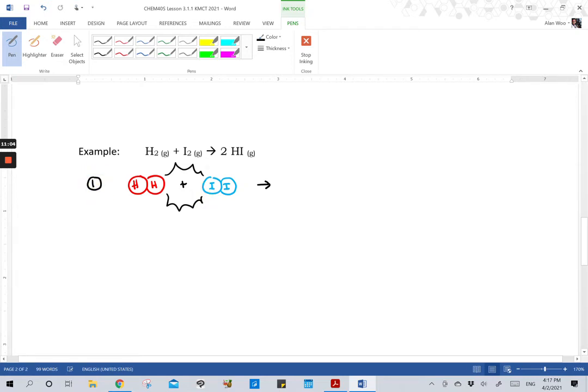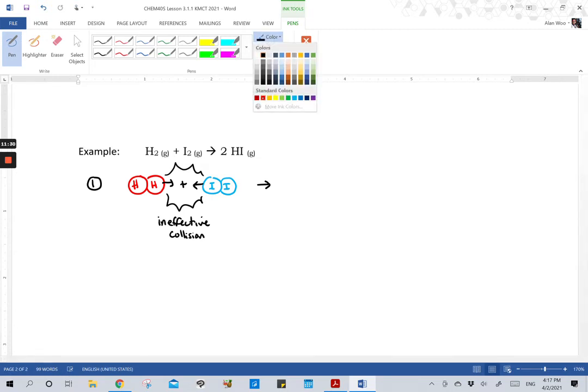Let's say the collision was ineffective. They both collided with each other, but because the collision was at improper angles and not at the correct speed, nothing happens.